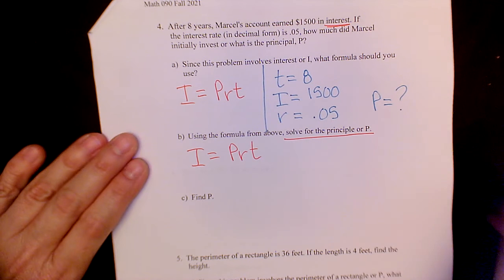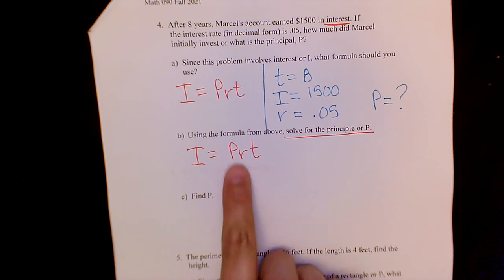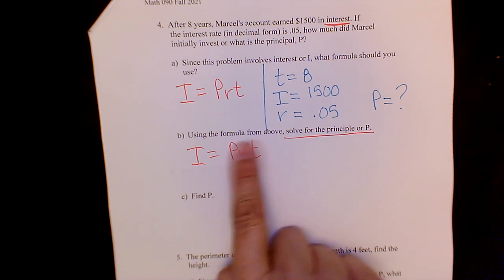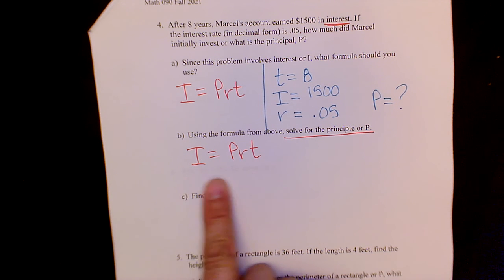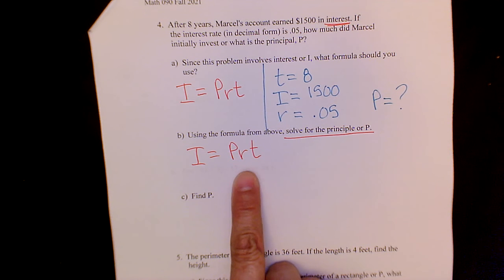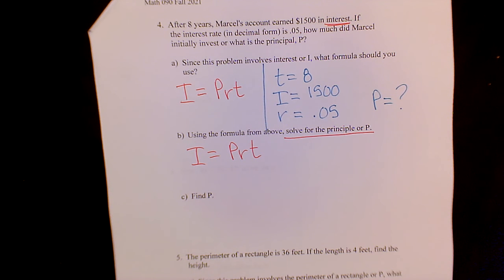We want to solve for P. So we want P alone on this side, everything else over here. So I need to get rid of R and T. And even though we don't see it, what's happening between P, R, and T? What operation is there? Add, subtract, multiply, divide. We are really multiplying, so we want to do the opposite of multiplying, and we want to divide.